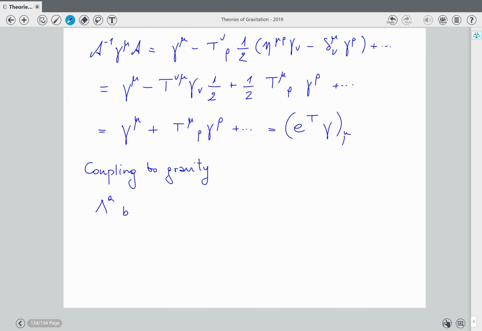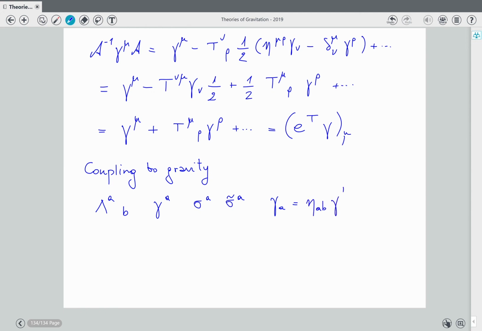So we have this thing. We will use such gamma matrices. We will use Pauli matrices with those indices, sigma tilde A. We will define gamma A like that.